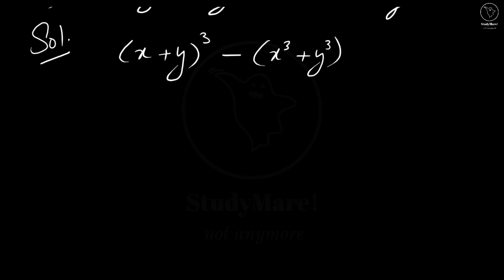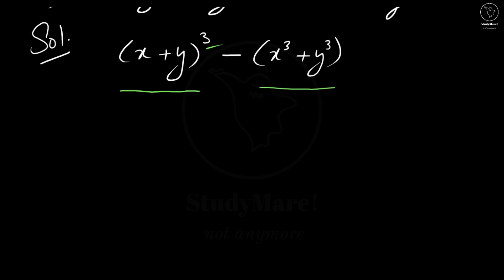Looking at the entire expression, we have one entity raised to the power 3 and another entity with no power. That means we don't have any identity that can be applied across these two. So let's look at the individual terms.